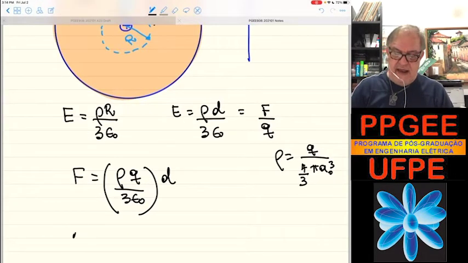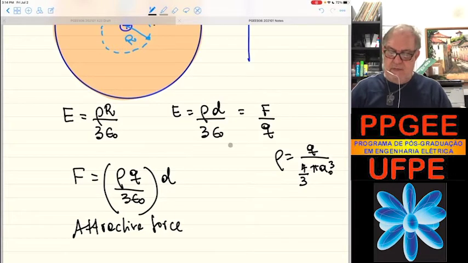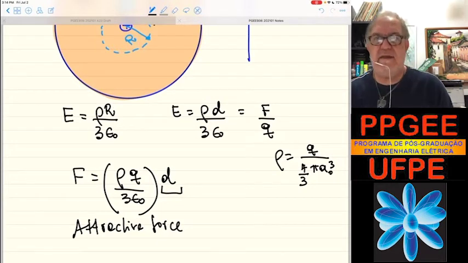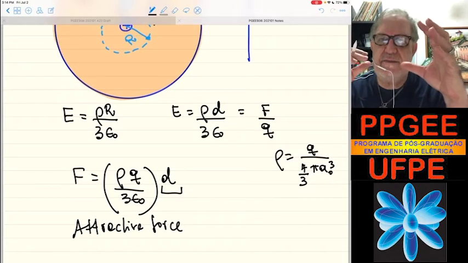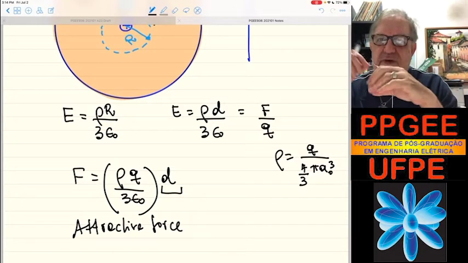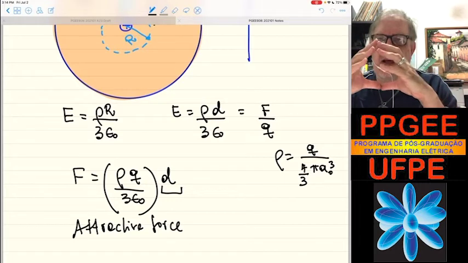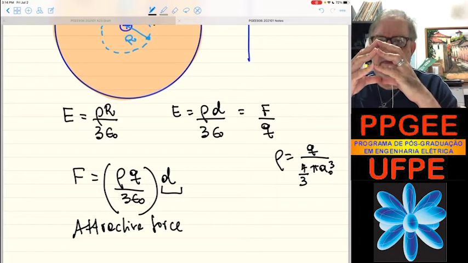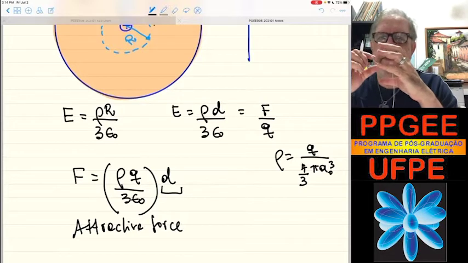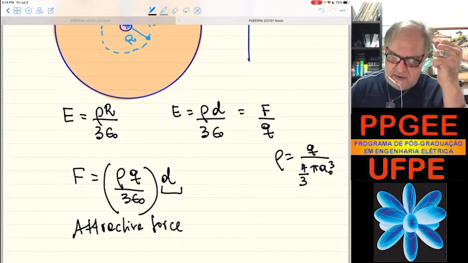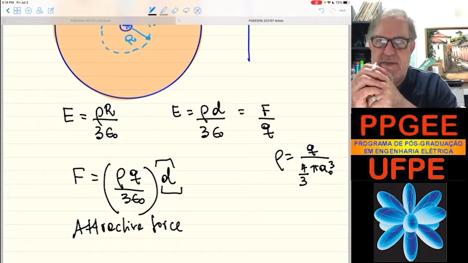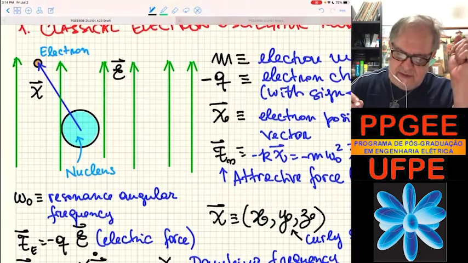So we have an attractive force which is proportional to the displacement. So you see that when you have a departure from the charge center, you have a neutral atom, right? You displace the charge centers, there's a restoring force which is proportional to the displacement. So that's what we have in our model here.